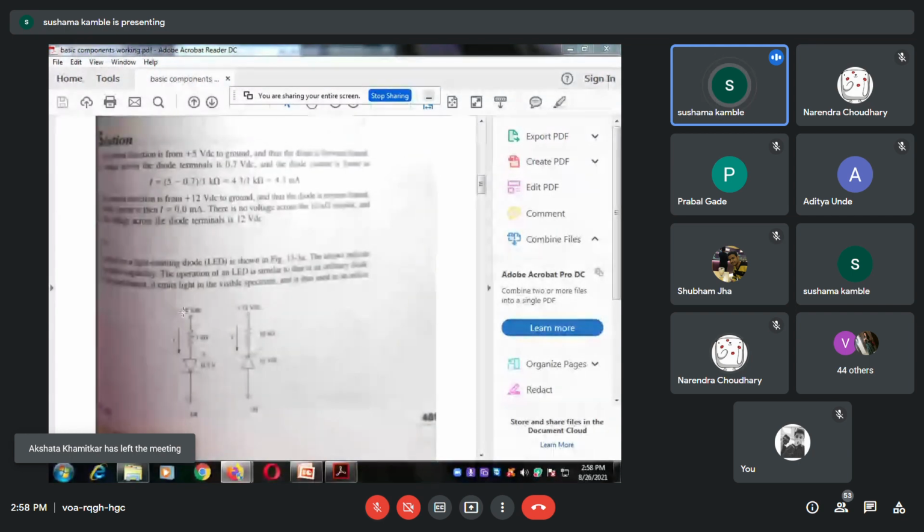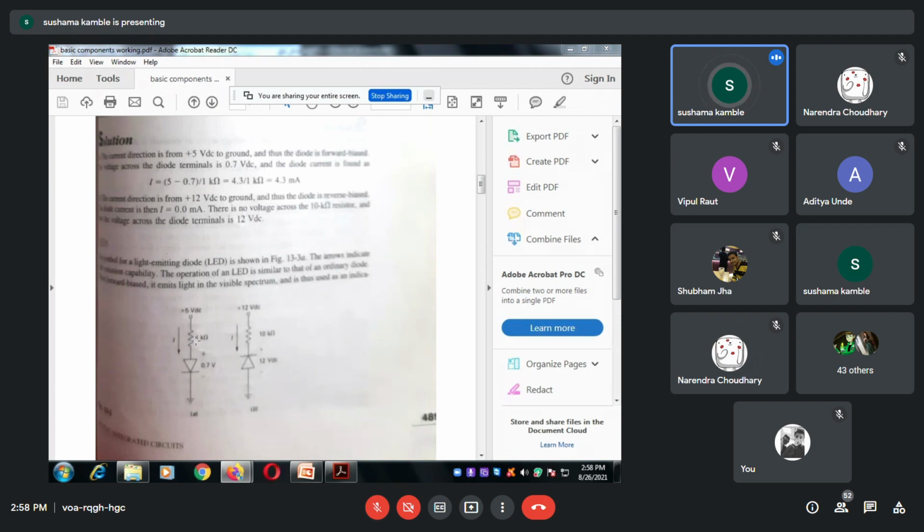Now what is V here? Plus 5 volt. Okay, and this is the diode. Here we are connecting only one resistor. So what you have to do, you have to find out the current flowing through this 1 kilo ohm resistor. Okay, फिर कैसे निकालते हैं?